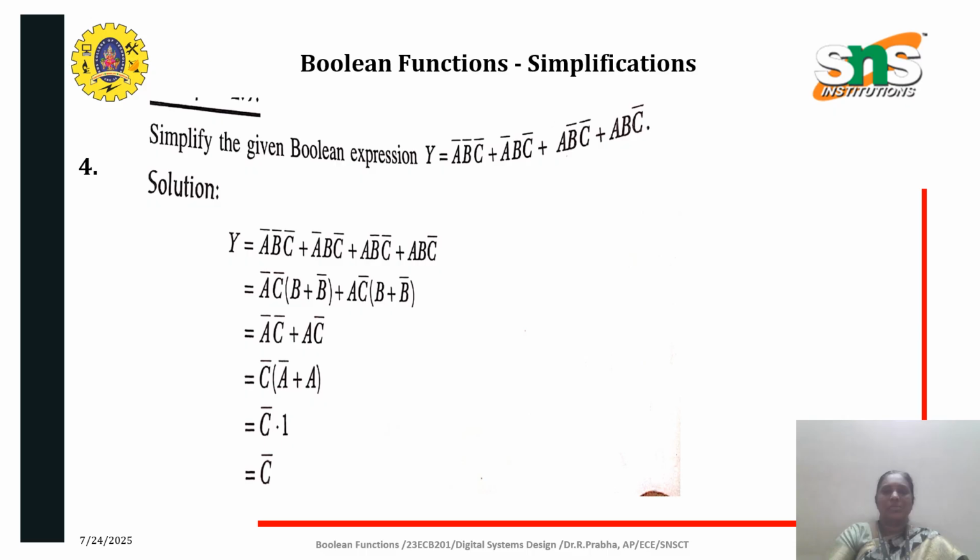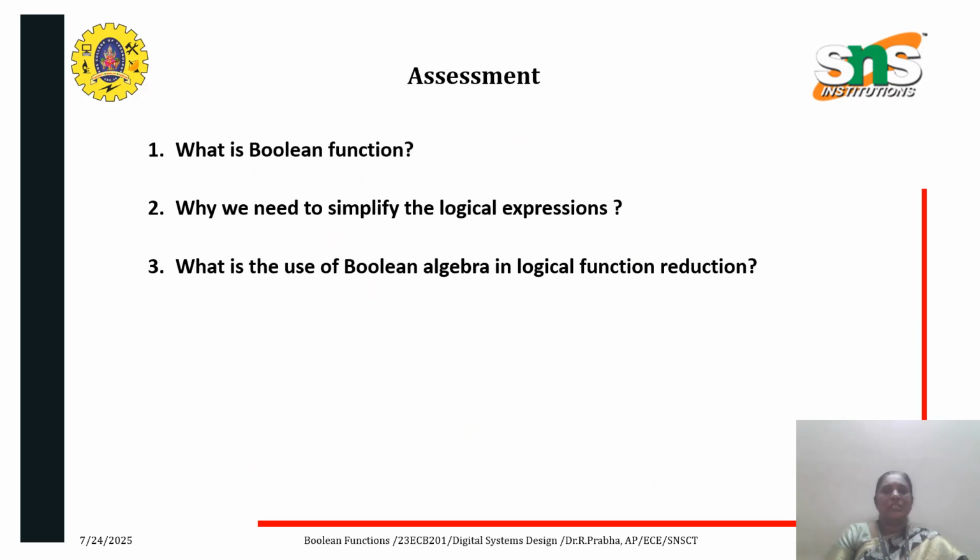Now the assessment. A Boolean function is an algebraic function having the variables, zeros and ones, and the logical terms. The need for simplifying a logical expression is to reduce the number of logic gates used in the design, to reduce the power consumption by these logic gates, and also to reduce the system complexity.